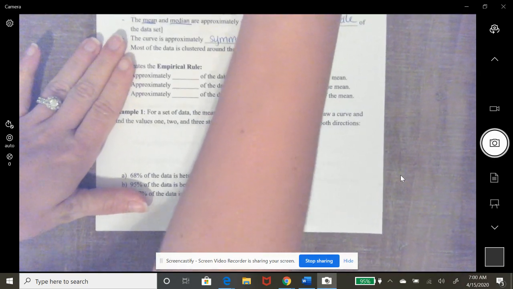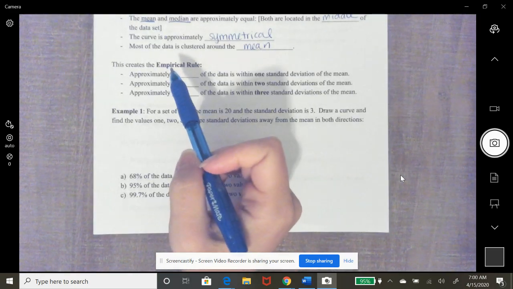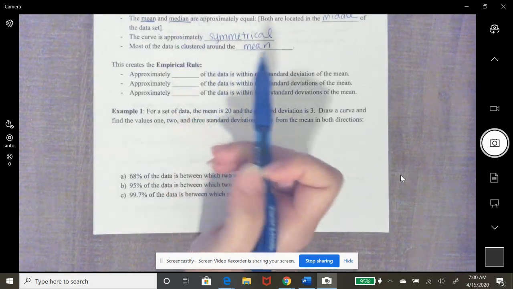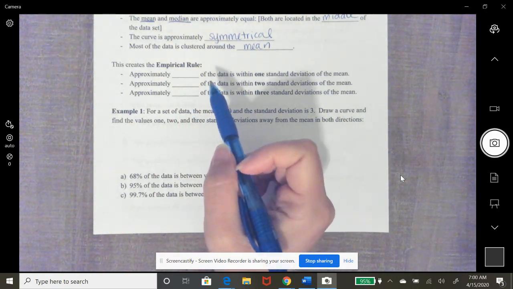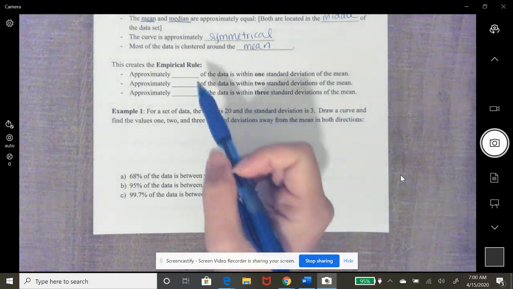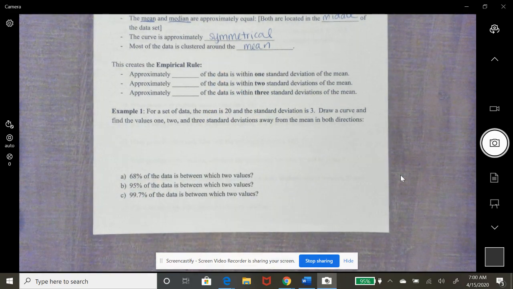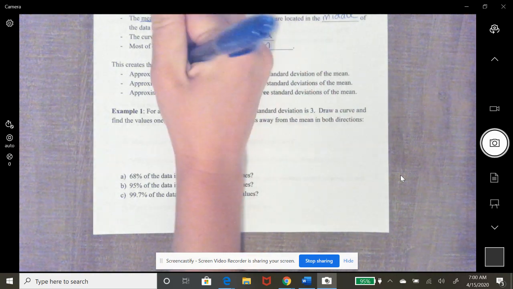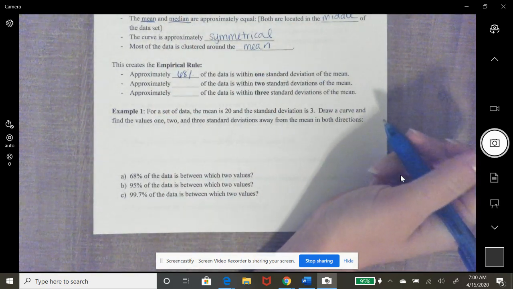If your data is approximately normal, you can use what's called the empirical rule, and we can put percentages to most of the data. We're going to calculate how much of the data is within 1, 2, and 3 standard deviations. This is one you just have to memorize: if it is approximately normal, it's going to follow this pattern. Approximately 68% of the data is within 1 standard deviation.